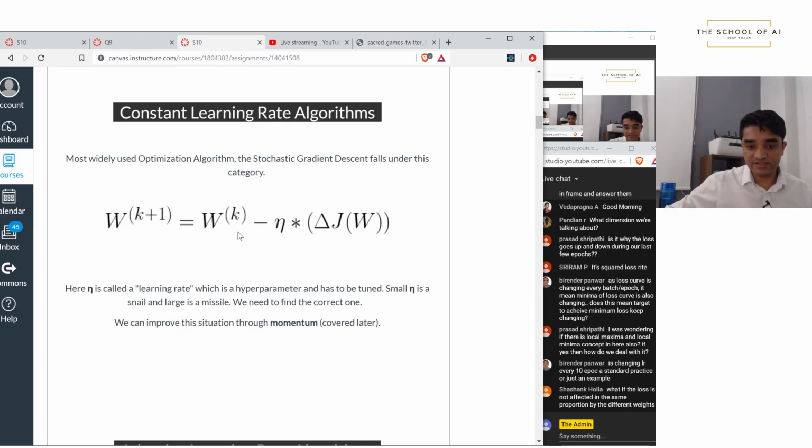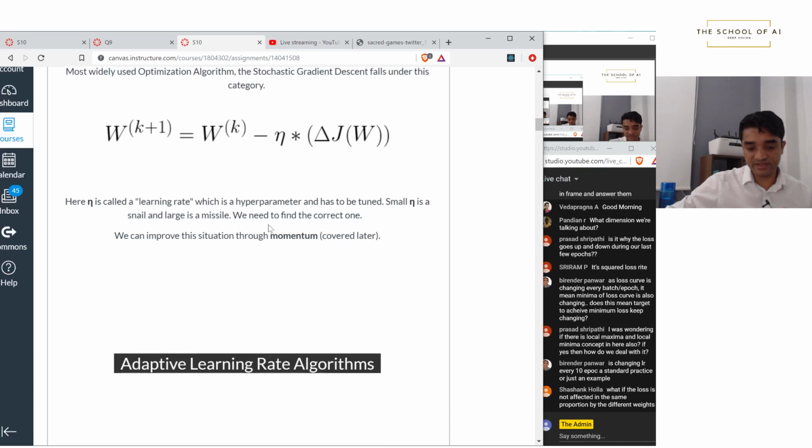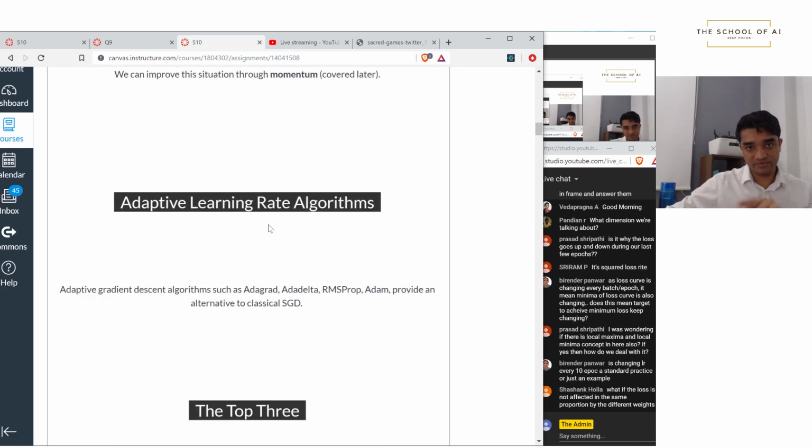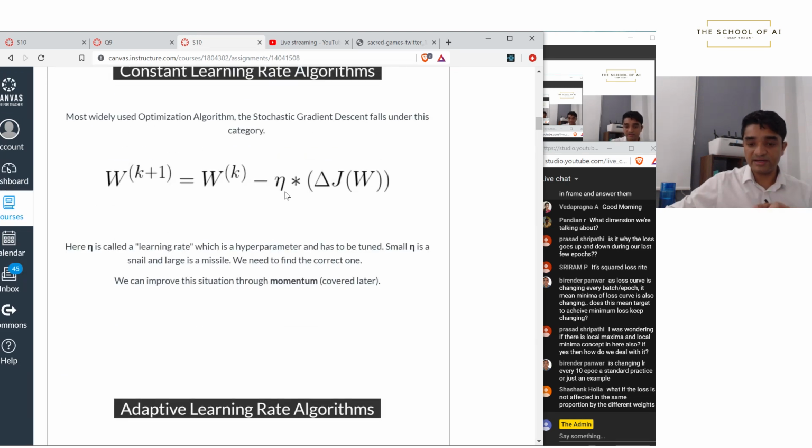The first approach is that we have the constant learning algorithm, which means this eta is constant. Second is what we're discussing right now, the adaptive learning algorithm. Now, in the adaptive learning rate, we have AdaGrad, AdaDelta, RMSProp, Adam, and many others. Right? What is the difference? In the constant learning rate algorithm, this eta is constant for every single parameter, right?